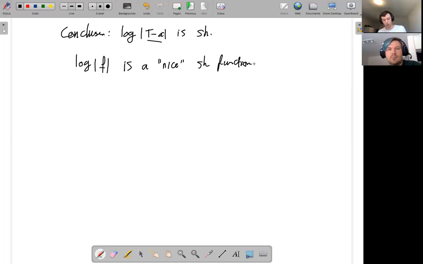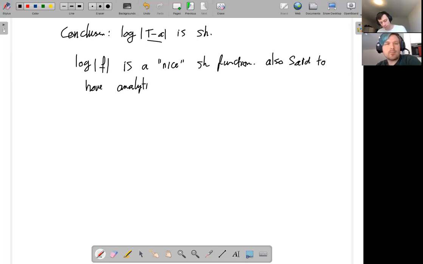Right. So things of this form are also said to have analytic singularities.